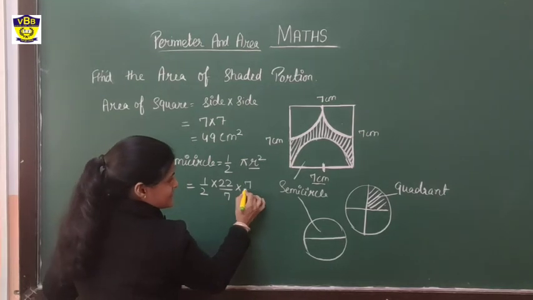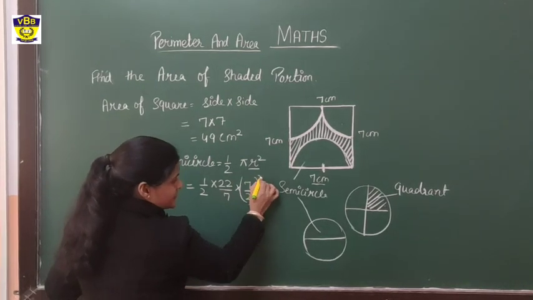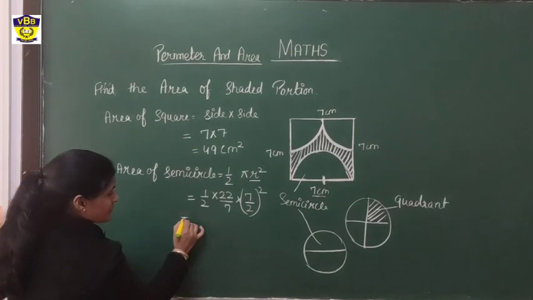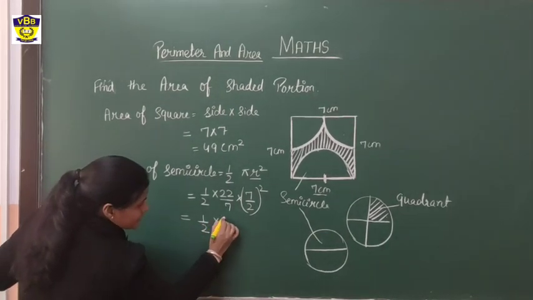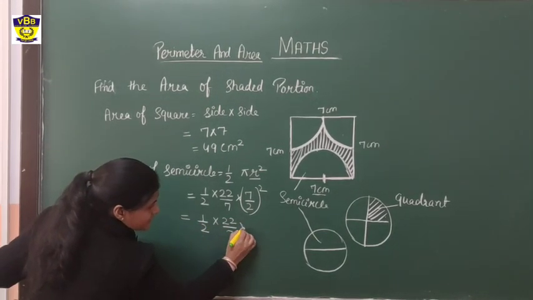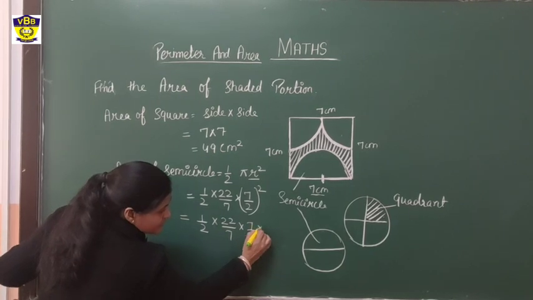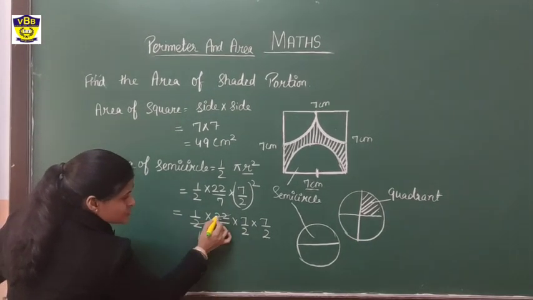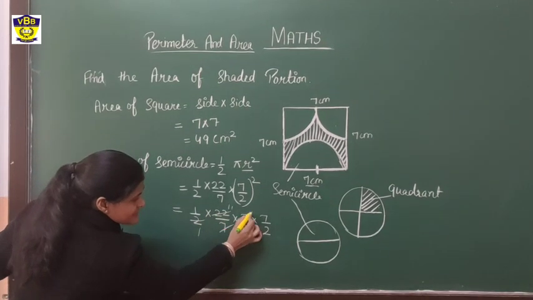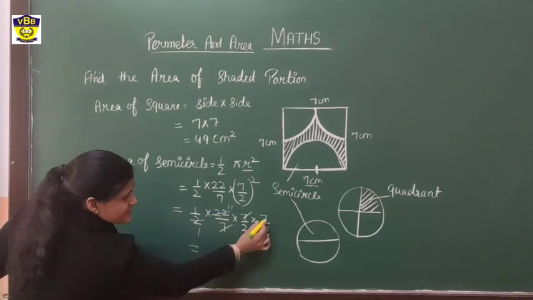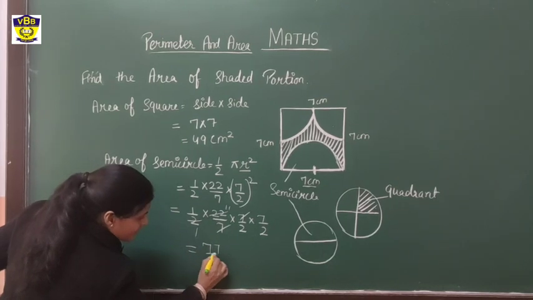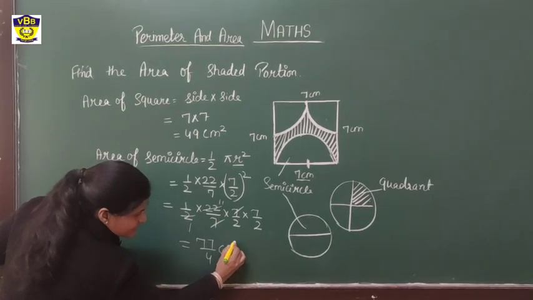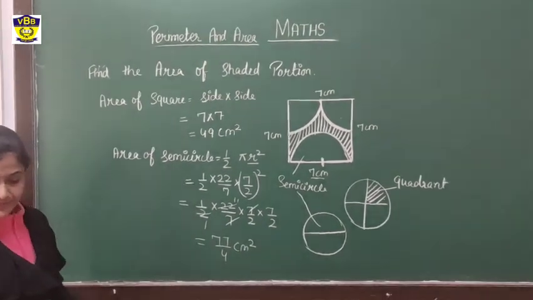That will be 7/2 square. Half into 22/7 into 7/2 into 7/2. 2 ones are 2, 11, 7, 7/2. So 11 sevens are 77/4 centimeter square. Okay, beta.